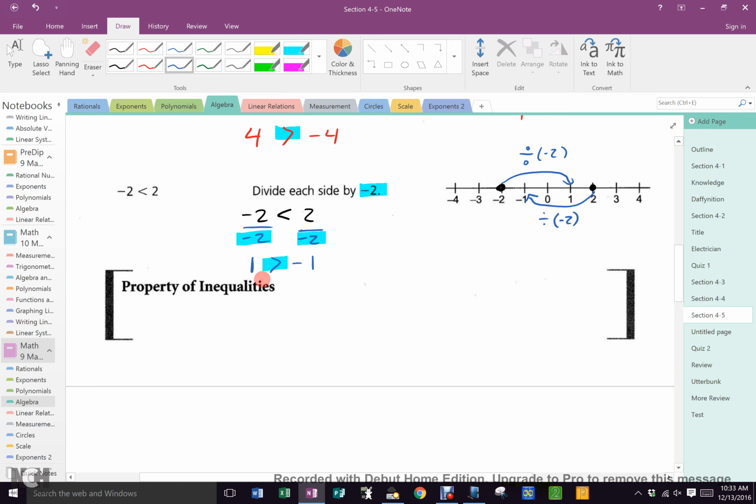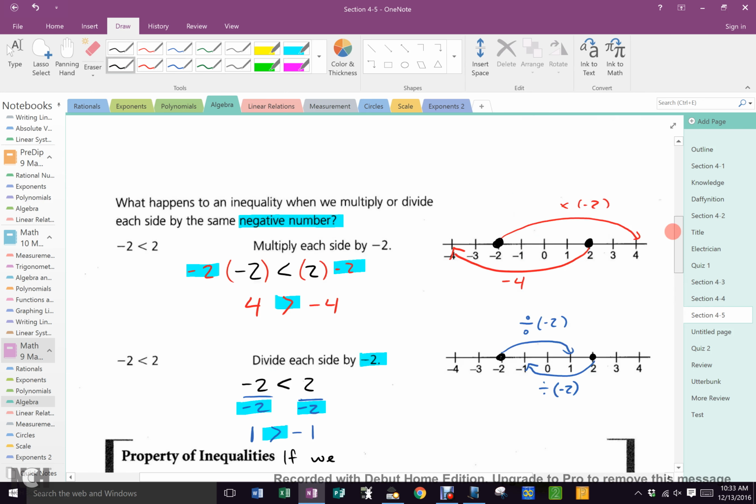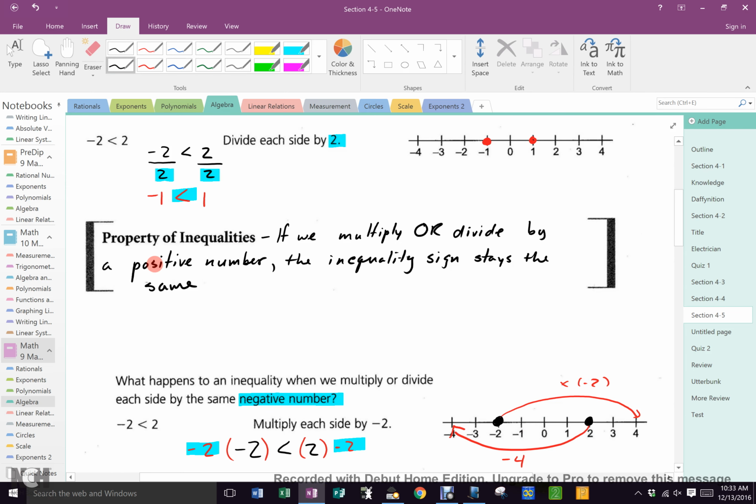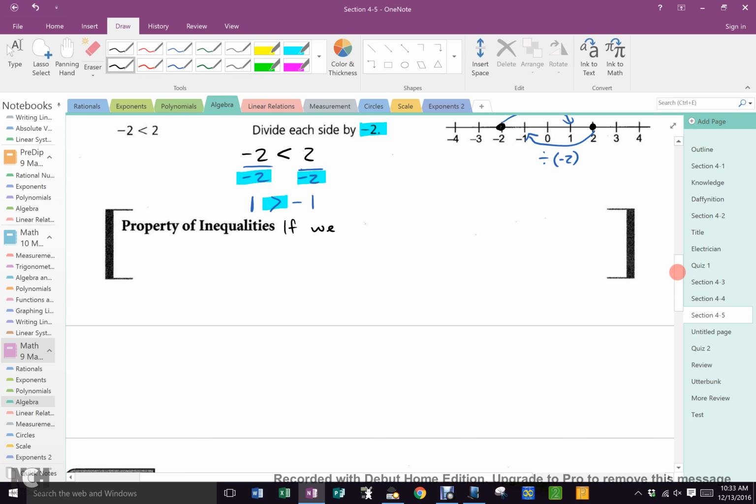What did we just learn? What did we just do? No matter what, it stays the same? No. This was our last rule. If we multiply or divide by a positive number, the inequality stays the same. What did we just learn?